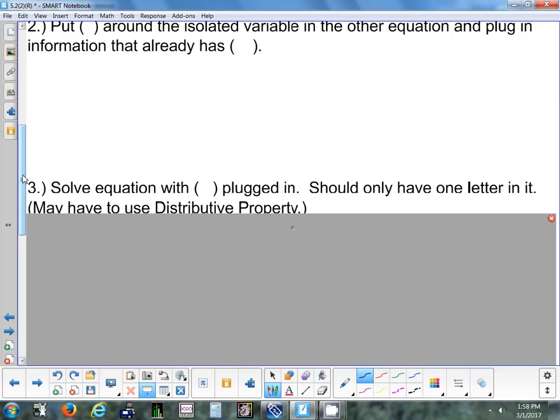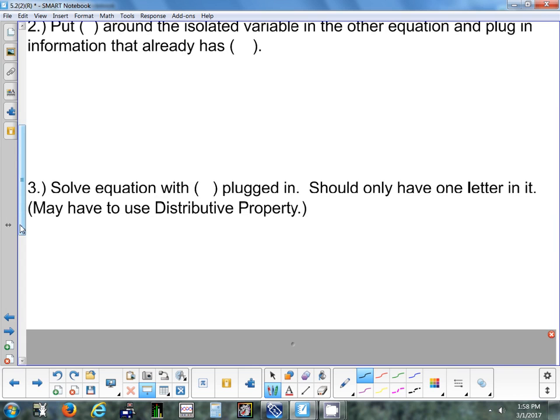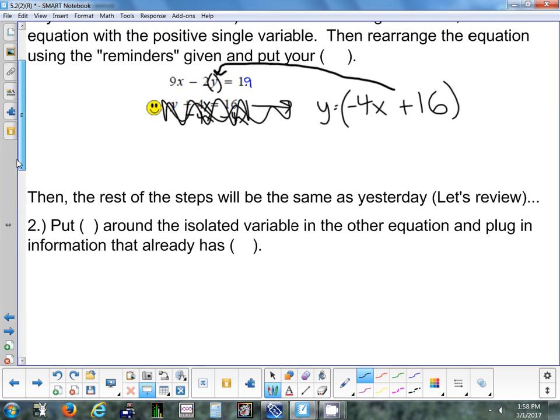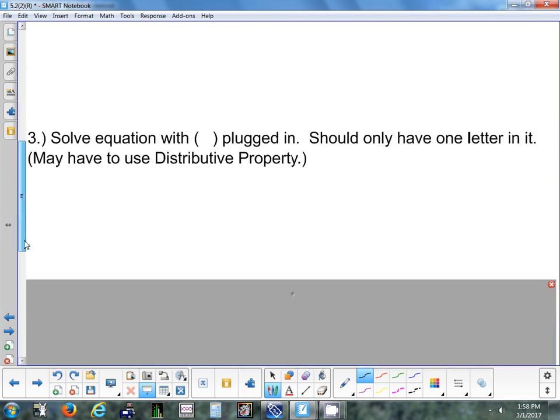I'll bring down that problem. What was the top one, guys? Oh, there it is. So 9x minus 2y equals 19.